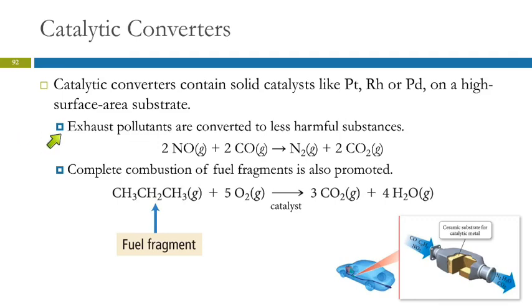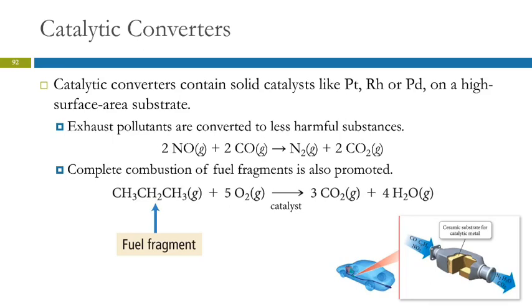Okay, so exhaust pollutants such as nitrogen monoxide and carbon monoxide then are converted into less harmful substances, nitrogen and carbon dioxide. Nitrogen and carbon dioxide are normal parts of air.